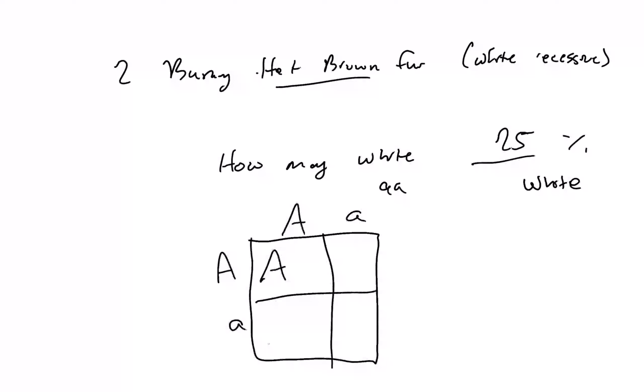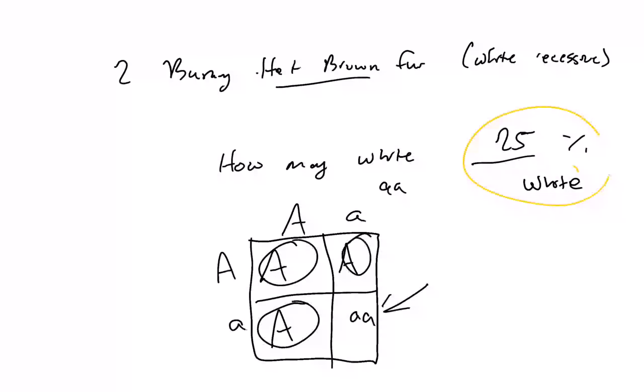So this is going to have a big A, this one's going to have a big A, and that one's going to have a big A. This one here is going to be the only one with little a. So the only one that is white is this guy right here. We'll say the white ones are going to be that one, which is only 1. In this case, that's 1 out of 4.